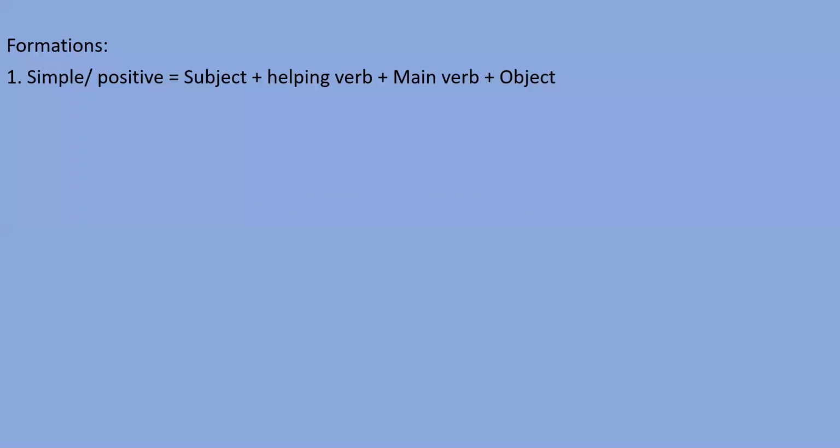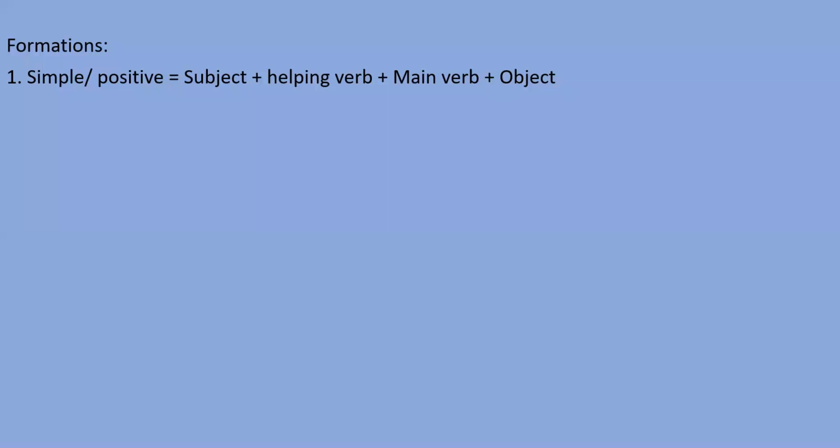Next point, we have to understand the formation. Formations: if you want to say a simple sentence or positive sentence, first of all we should use subject, helping verb, main verb, object. Remember, in simple present tense, whenever we say a positive sentence, we do not use a helping verb.